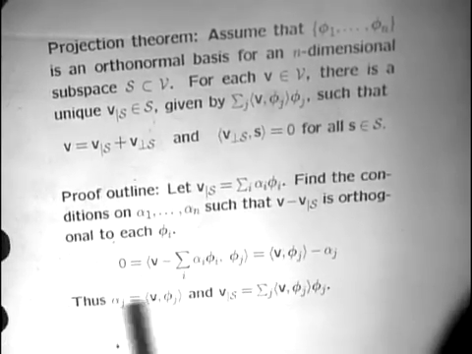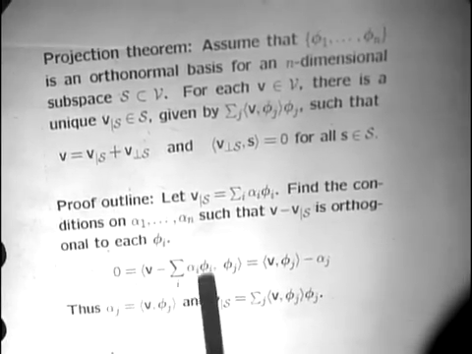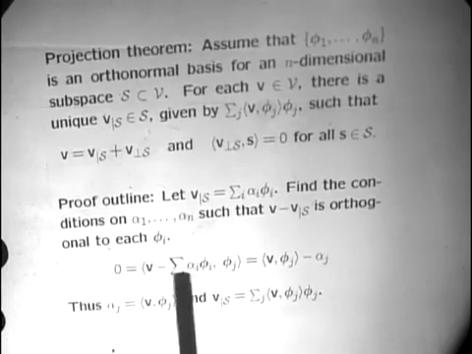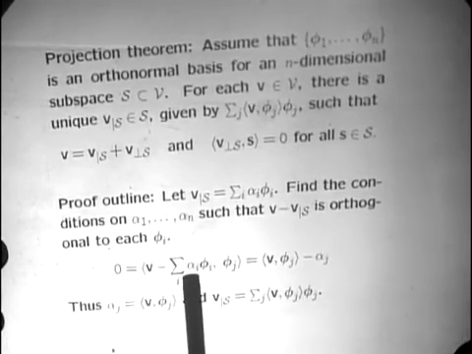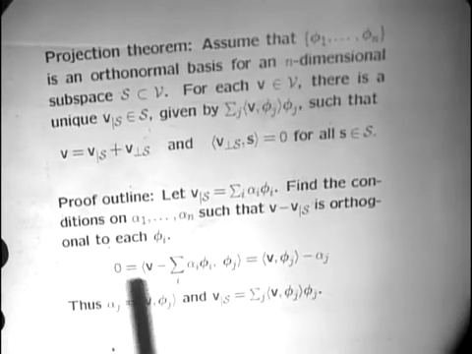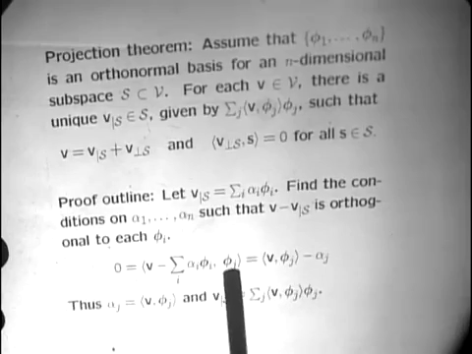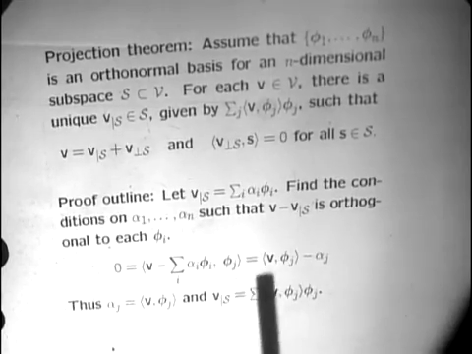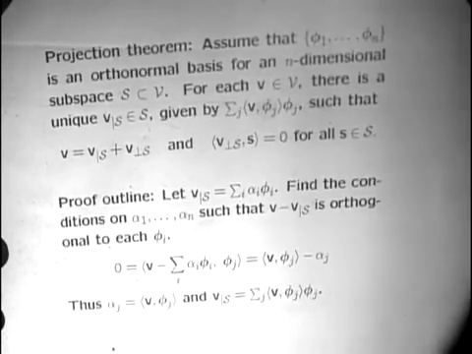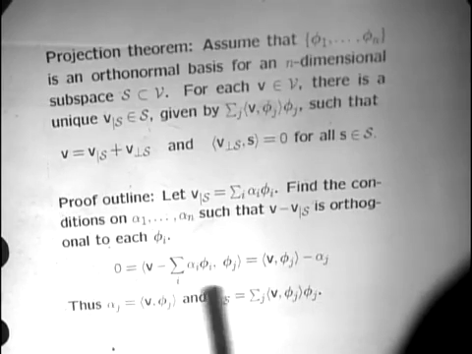So what I want to do is set 0 equal to V minus this projection, where I don't yet know how to make the projection because I don't know what the alpha sub i's are. But I'm trying to choose these so that the inner product of V minus the projection with phi j is equal to 0 for every j.